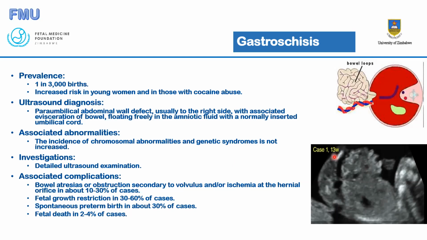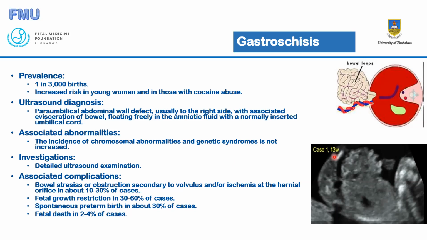So a detailed ultrasound examination is what we will need. We don't need to do anything special for these babies except this detailed examination. And what are the complications? The complications are bowel atresia or obstruction secondary to volvulus and ischemia at the hernia orifice in about 10 to 30% of the cases.